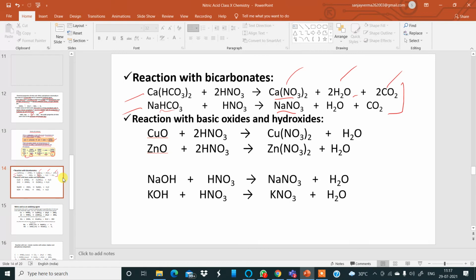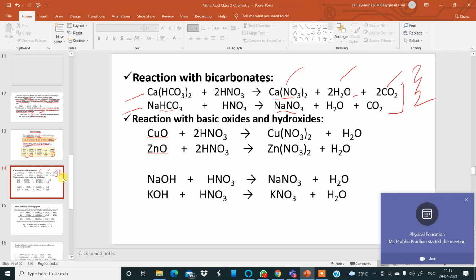So remember, any carbonate or bicarbonate, when it is reacted with dilute nitric acid, where dilute nitric acid is behaving like an acid, will produce or liberate carbon dioxide gas. This is an important thing for the chemical property of nitric acid with bicarbonates.